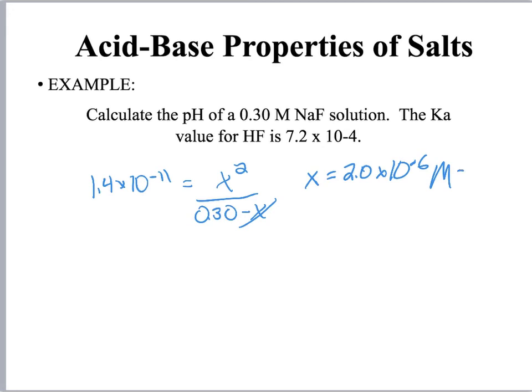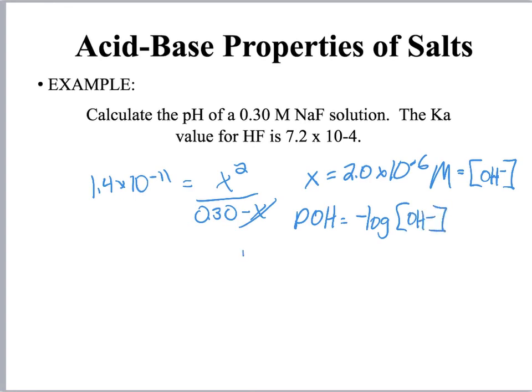And remember though, that's the concentration of OH minus according to our ICE table. So the problem wants us to find the pH, but remember here, this is the concentration of OH minus. So essentially, we know that pOH is equal to the negative log of the concentration of OH minus.